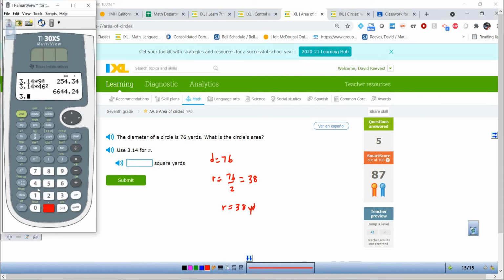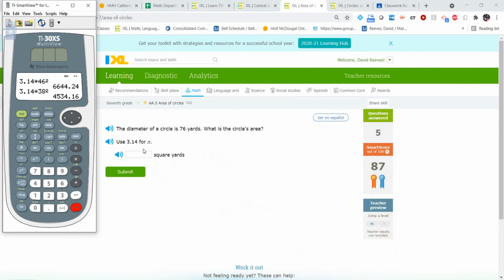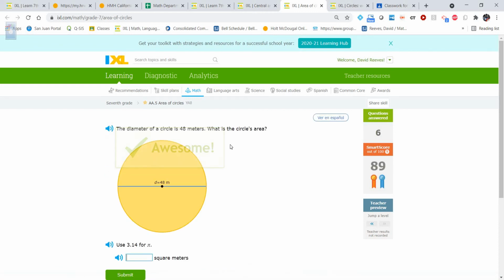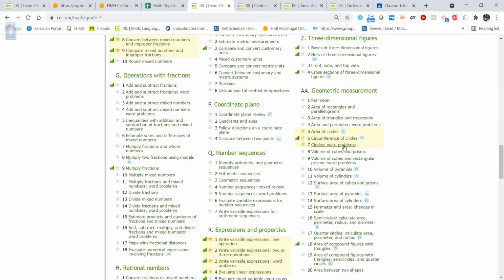Same thing every time. 3.14 times, but now we're using 38 yards for our radius. We make sure that we square it. And what do we get? 4534.16 square yards. Ka-chow.